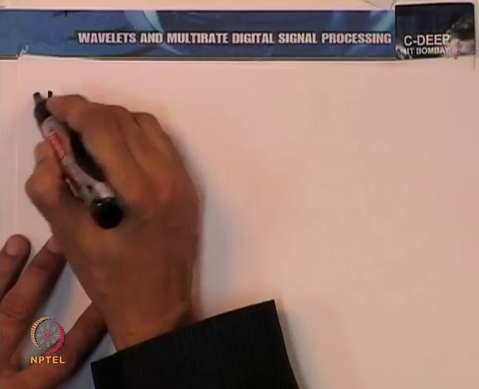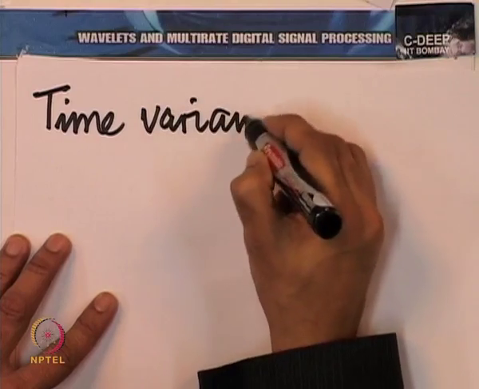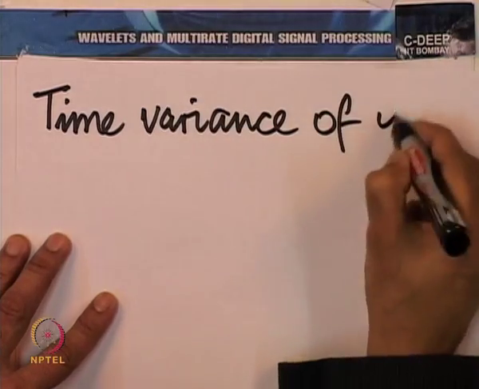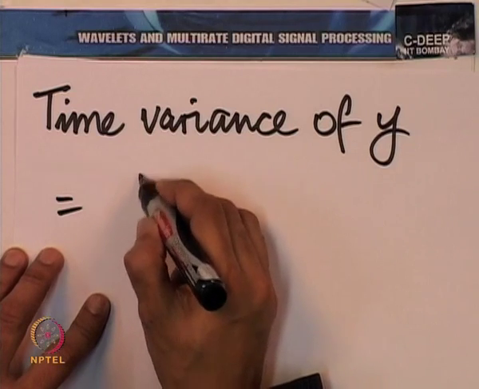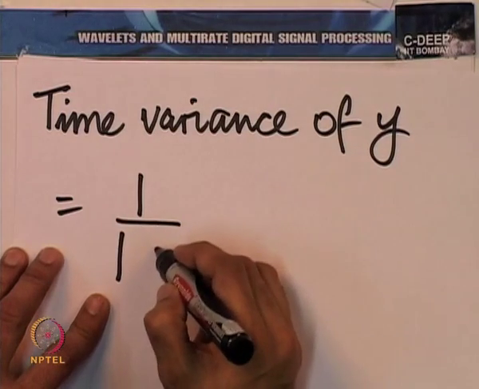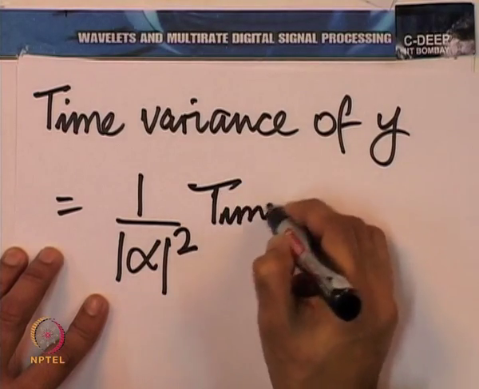Anyway, here it is not modulus of alpha. Similarly, one could use the same transformation and show the time variance of y. Now, here it is modulus. So, it will be 1 by modulus alpha squared times the time variance of x.